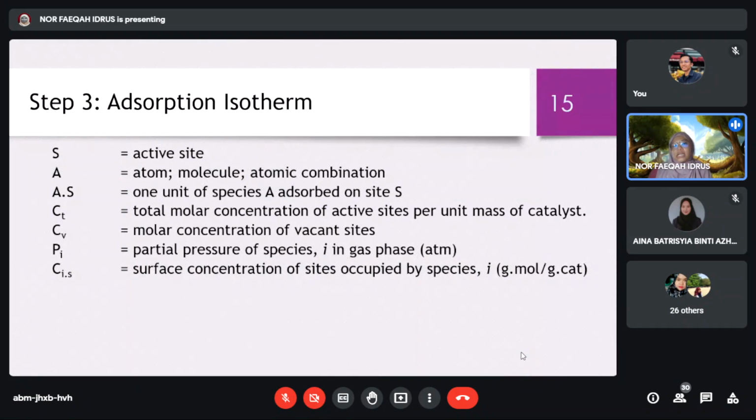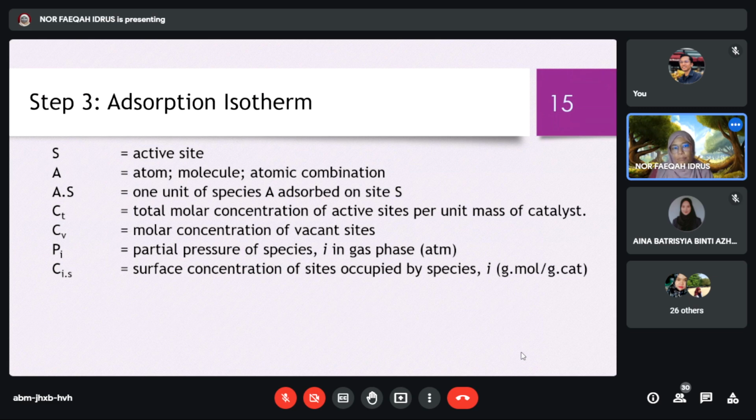But for a process that involves a reaction to produce a new product, we call it chemisorption, because it will affect the reaction rate. Okay, chemisorption will affect the reaction rate.